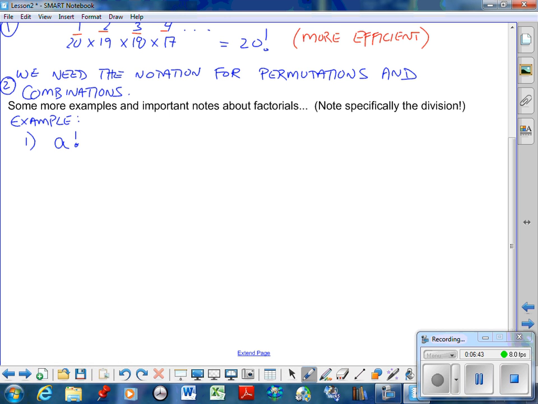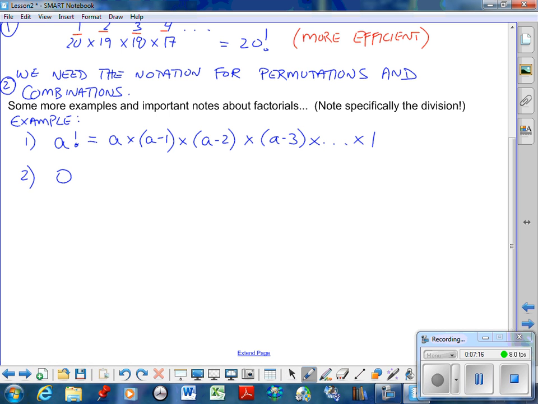What does that look like if you expand it? Well, it's the largest term multiplied by 1 less, so it would look like this: a times a minus 1, multiplied by a minus 2, multiplied by a minus 3, and so on until you reach 1. So that's one thing I want you to be able to do: understand how to use variables when they come up with the factorial notation.